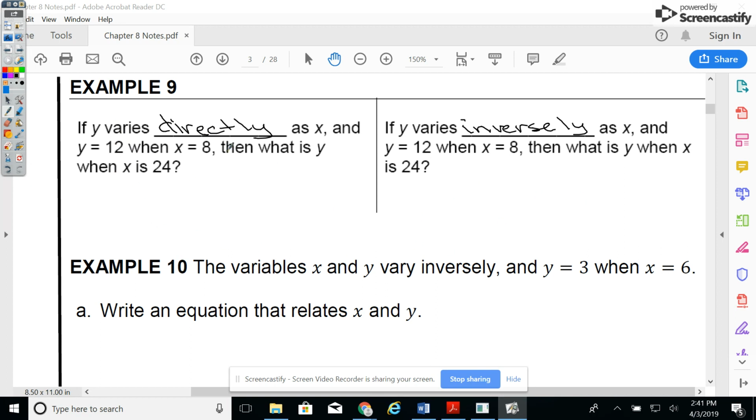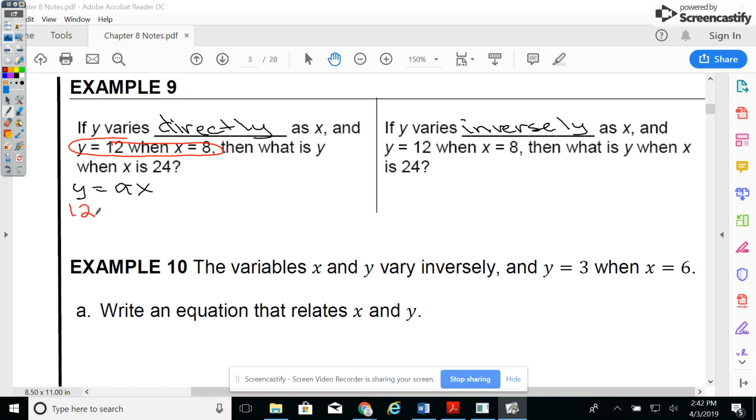So right here, for varies directly, we know we're going to use the equation y equals a times x. In order to find a, we need to divide. Direct is divide. We need to divide the two numbers they give us because we plug them in.